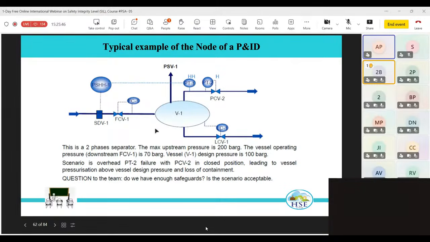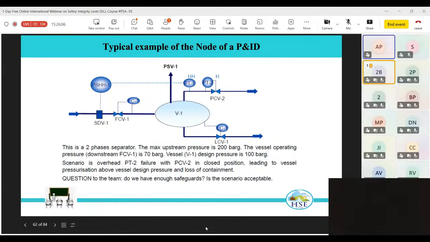So this is the way the team analyzes by several questions and answers, and by using these guide words and these various parameters, like I mentioned that PSH at one pressure scenario is there.